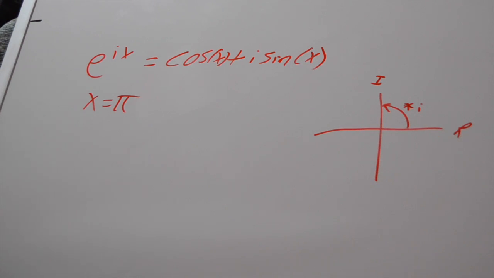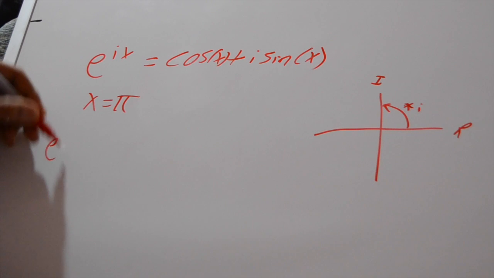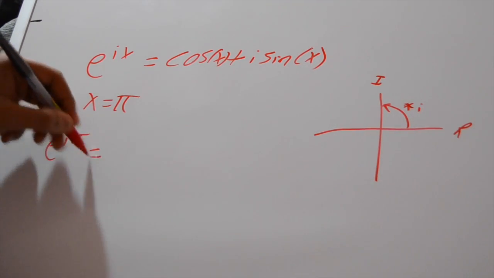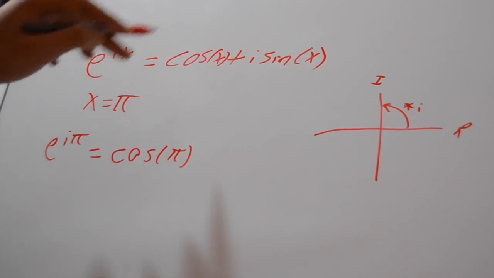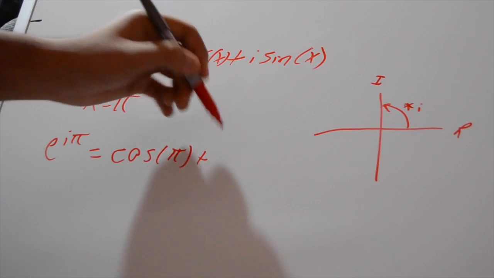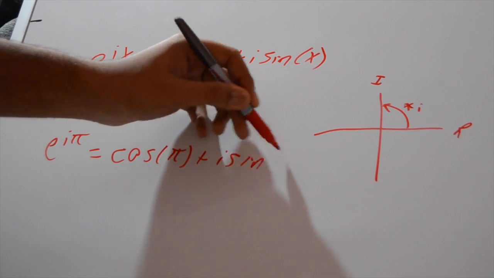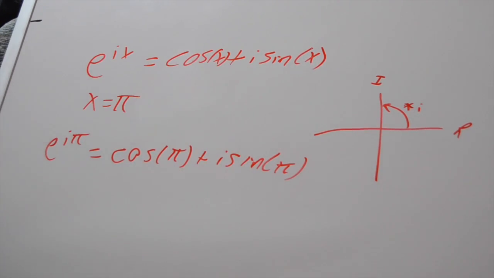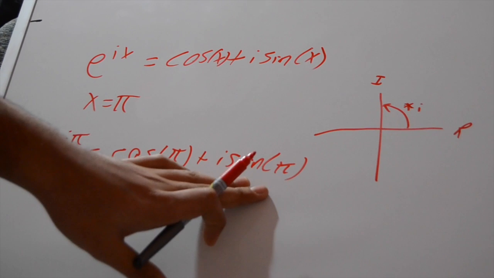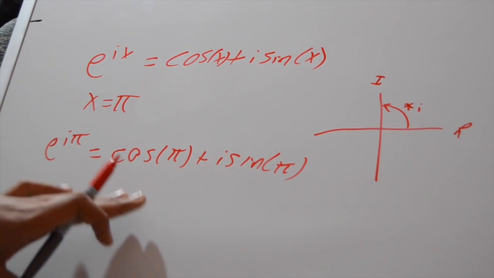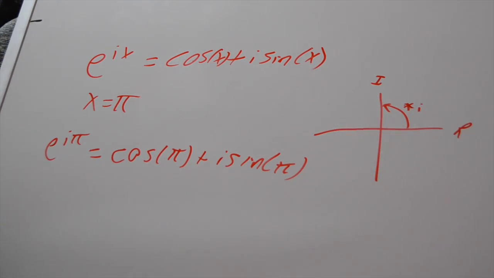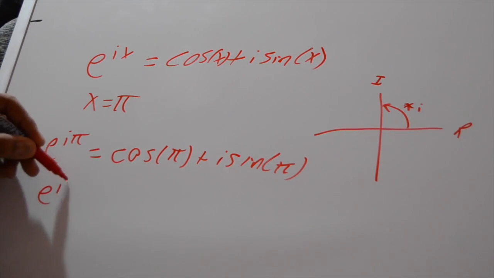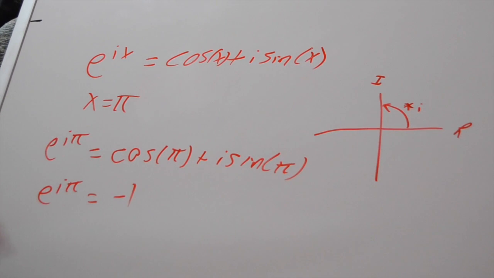That's what pi is. So what we are going to get here is e to the i pi equals cosine pi, since wherever x is, we're putting a pi there, plus i sine pi. We know sine of pi is 0, cosine of pi is negative 1, and what we're going to have here is e to the i pi equals negative 1.